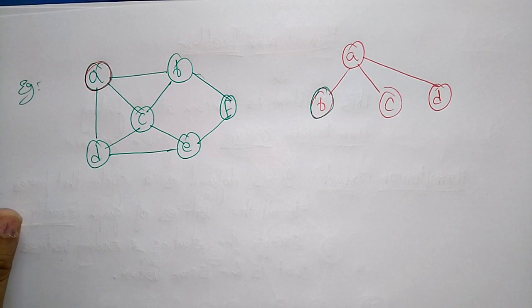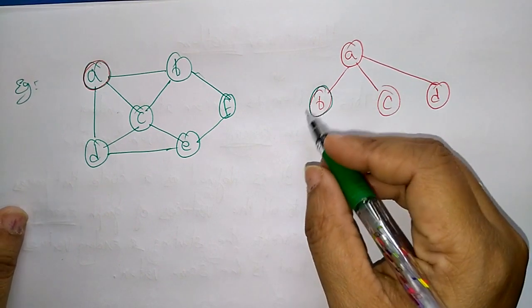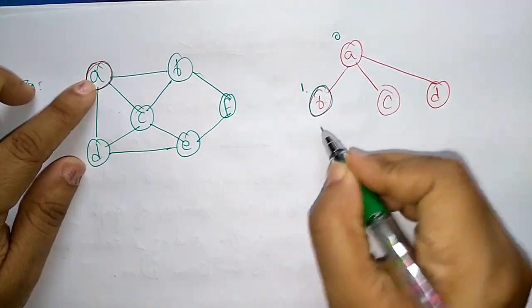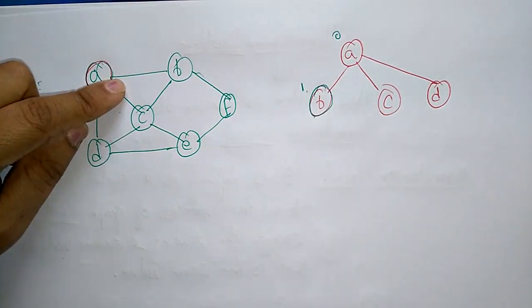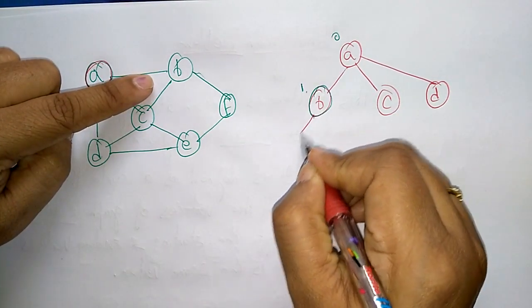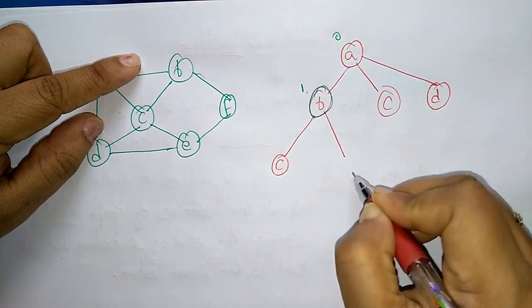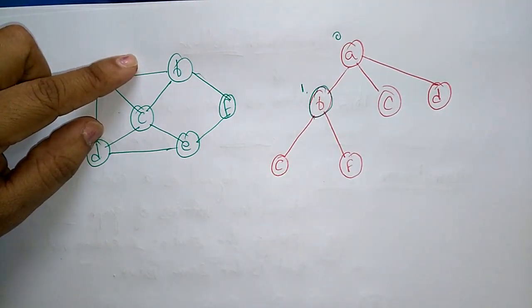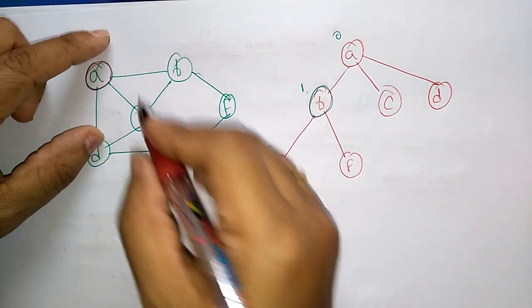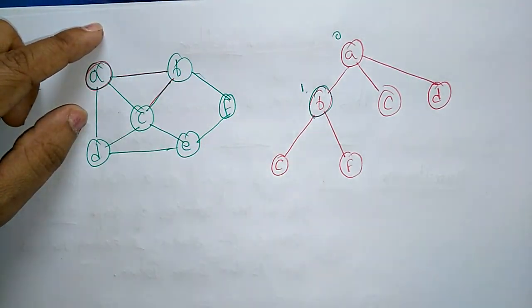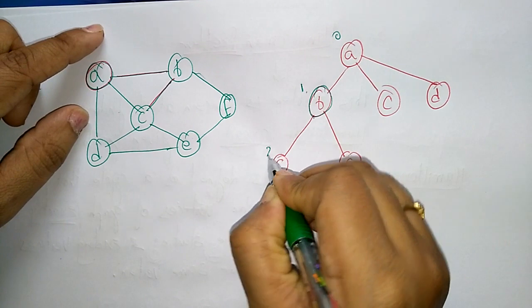So A is the starting node, level 0. The next path we reach is level 1. From B, what are the connected vertices? B is connected to C as well as F. Let us take C, so B to C becomes level 2.